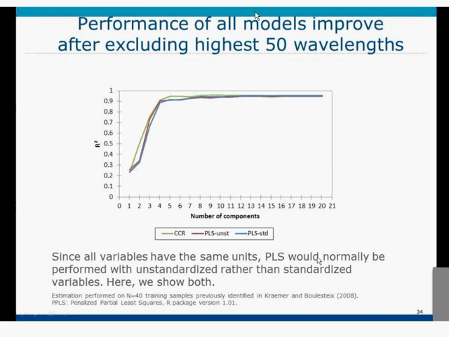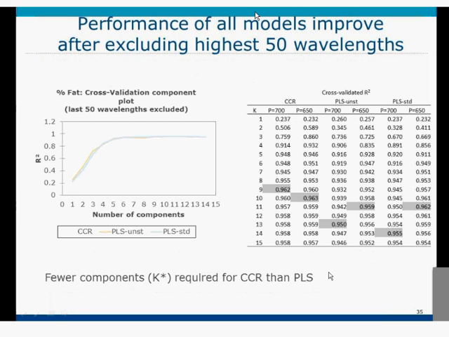Okay. But to test formally whether, in fact, those variables in the later range are important or not, what we could do is re-estimate the model with those variables excluded and compare the CV R squared you get with them included versus with them excluded. So for CCR, you go from a 9-component solution that yielded the maximum CV R squared to a 10-component solution, and CV R squared went up slightly.